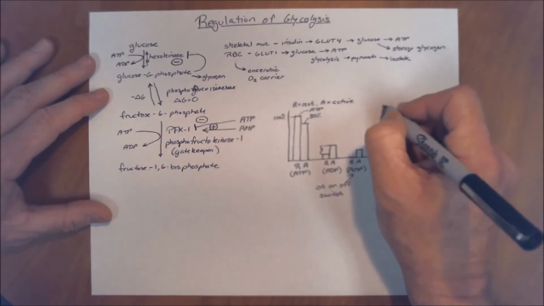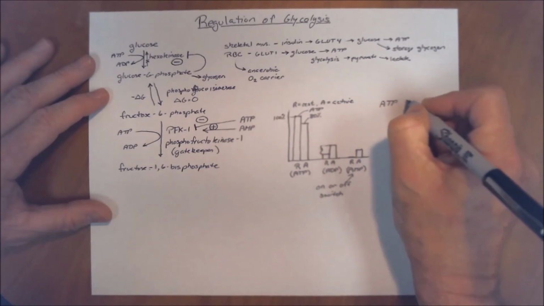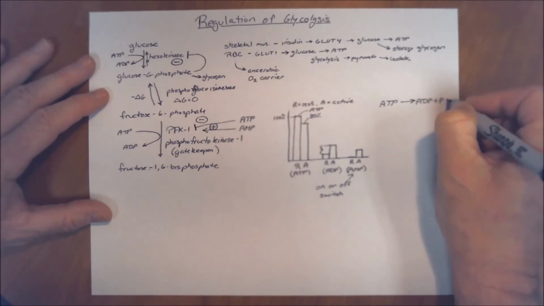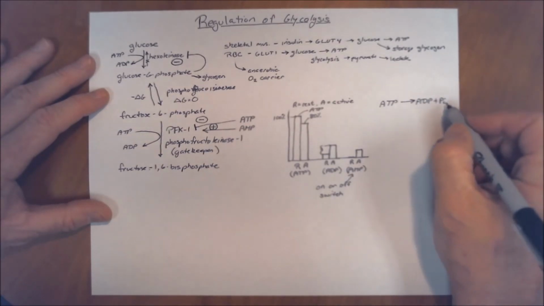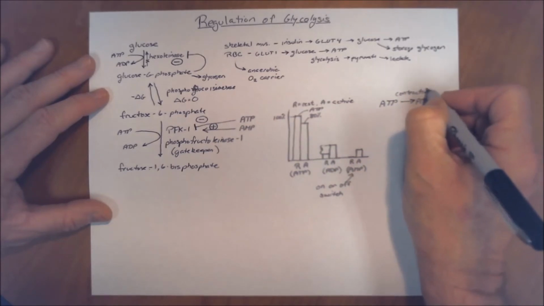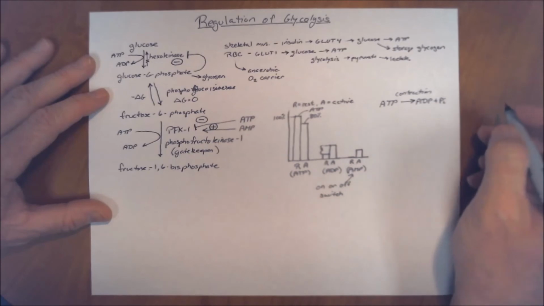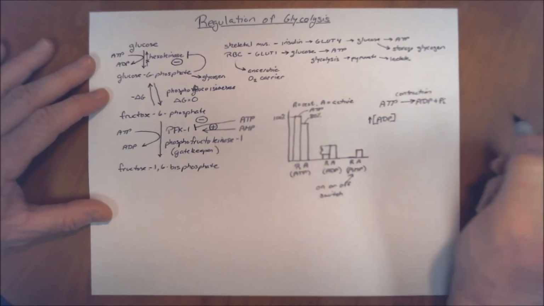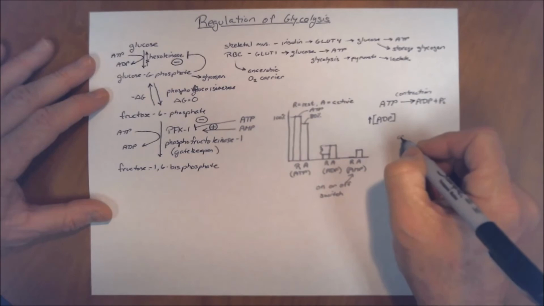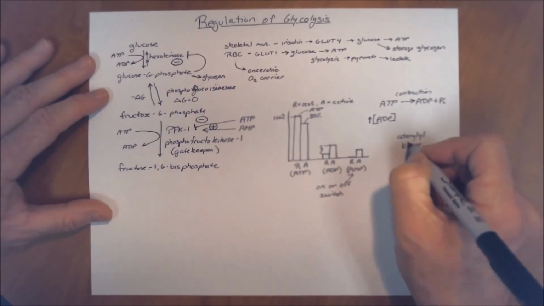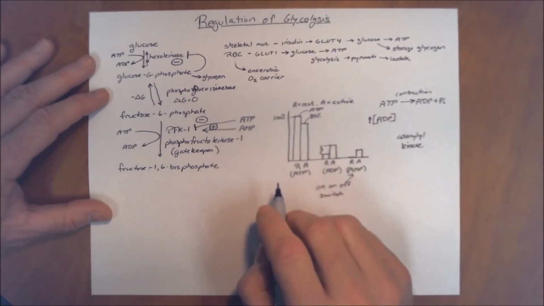Now how does AMP come about? Well, when we have activity in the skeletal muscle, we have the conversion of ATP to ADP plus organic phosphate, and this is, say, due to contraction of the skeletal muscle. As this reaction proceeds and the concentration of ADP increases, there's an enzyme called adenylyl kinase that becomes active with increasing concentrations of ADP.